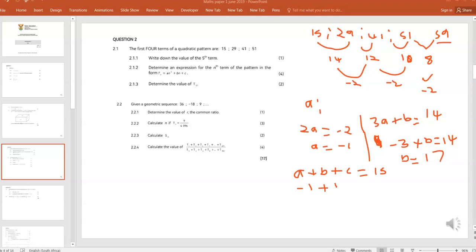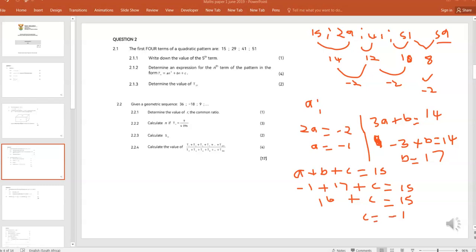And then plus C is equal to 15. So now this will be negative 1 plus 17, that will be 16, plus C is equal to 15. Remember the aim is to find C, so the 16 will go the other side. So C will be 15 minus 16, that will be minus 1. That's a nice number actually.